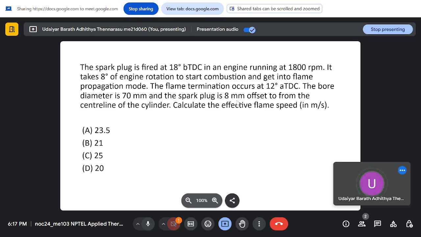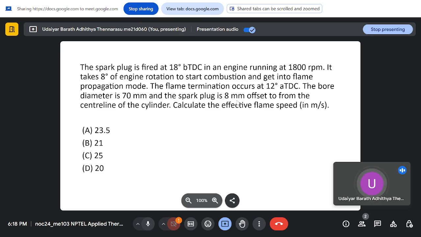The next question is: the spark plug is fired at 18 degrees before top dead center in an engine running at 1800 rpm. It takes 8 degrees of engine rotation to start combustion and get into flame propagation mode.